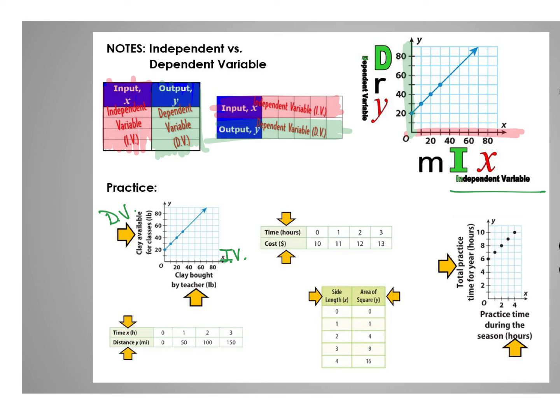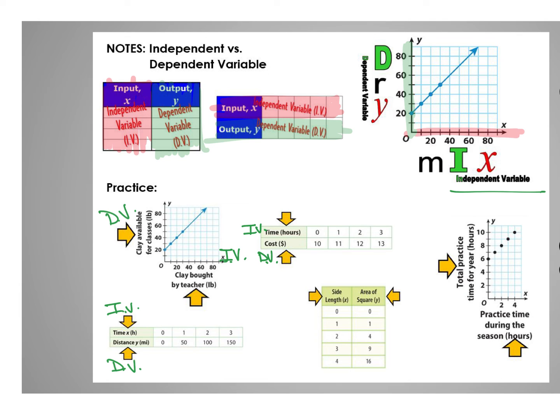So our input is always the independent variable, and our output is the dependent variable. So cost is dependent. On our next little table here, we have time and distance. So time is our input, so it is our independent variable, and distance is our output, so it is our dependent variable. So IV, dV.